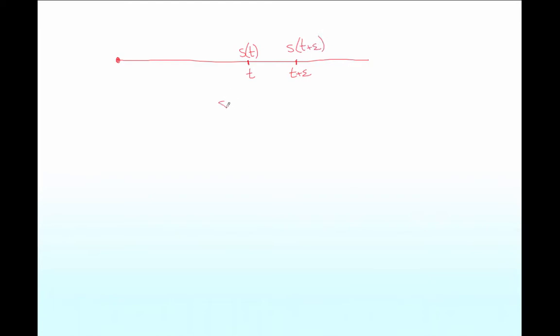The distance it has traveled in time epsilon is s of t plus epsilon minus s of t divided by epsilon. And now if one takes epsilon going to 0, then this is exactly what we had called s prime of t.